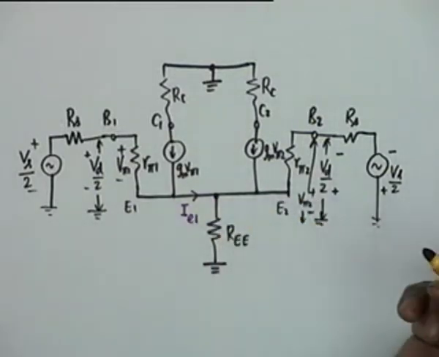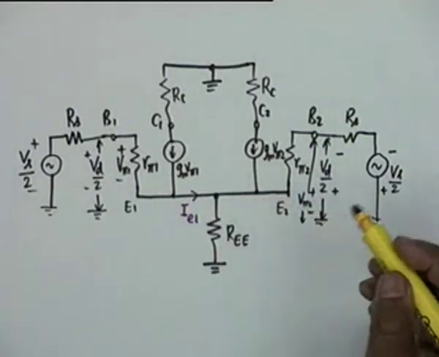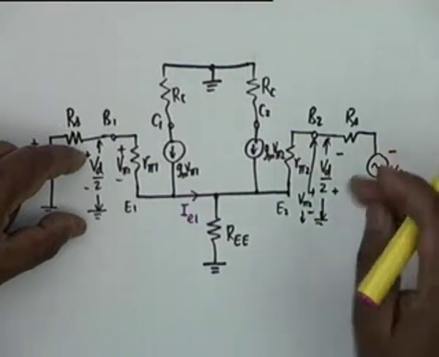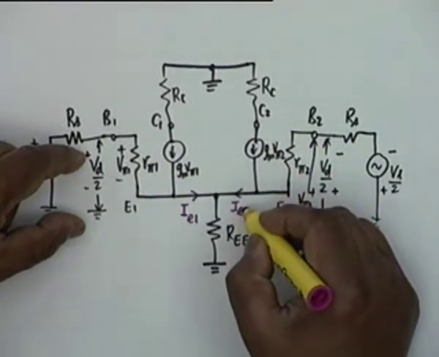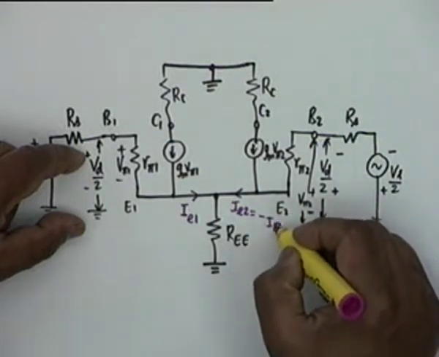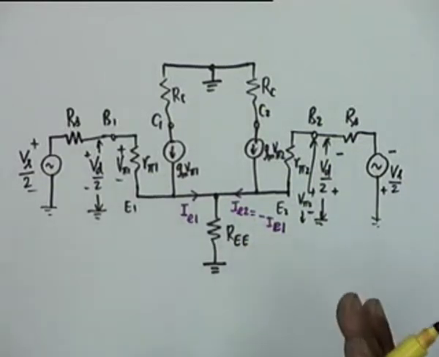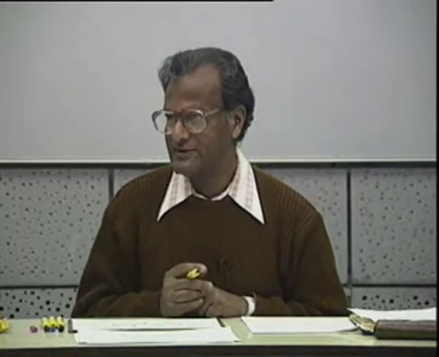The current that goes here must be equal and opposite to the current that comes here, because the two signals are equal and opposite, and therefore IE2 would be equal to minus IE1, because of symmetry and because of anti-polarity excitation.